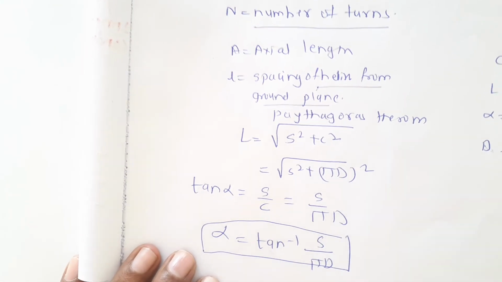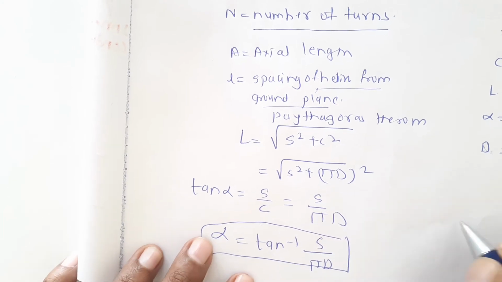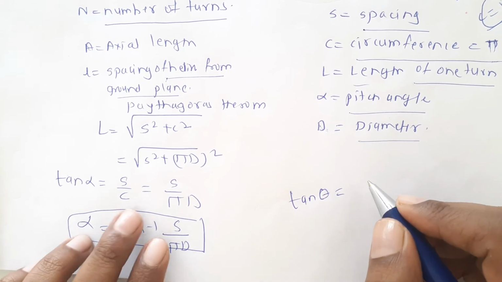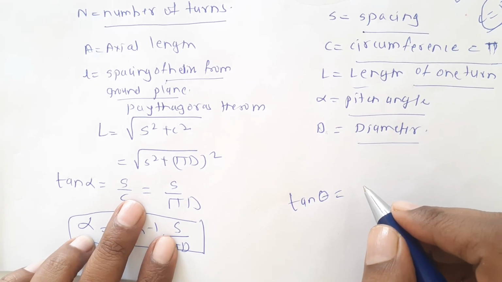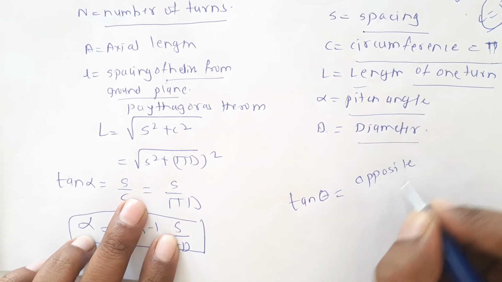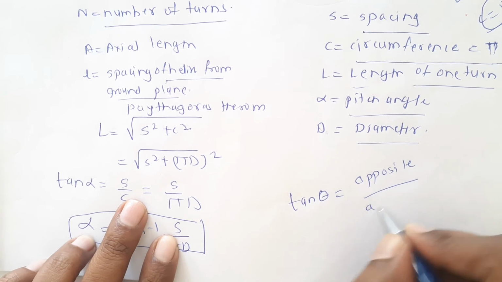Now we will see tan alpha. Here we will see tan theta. Tan theta equals what? Opposite upon adjacent.